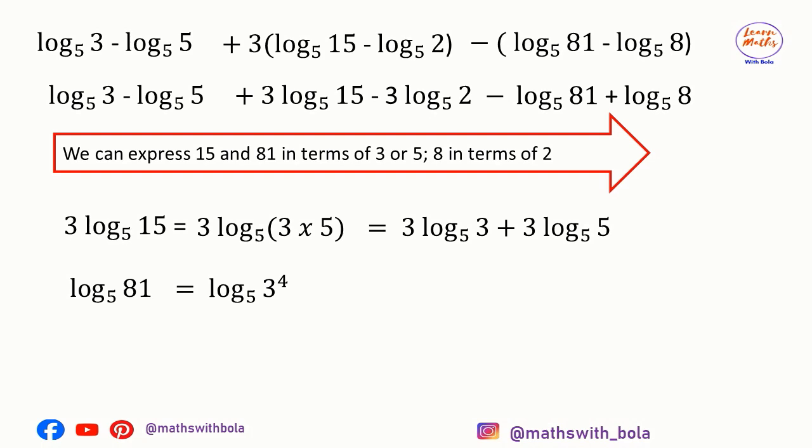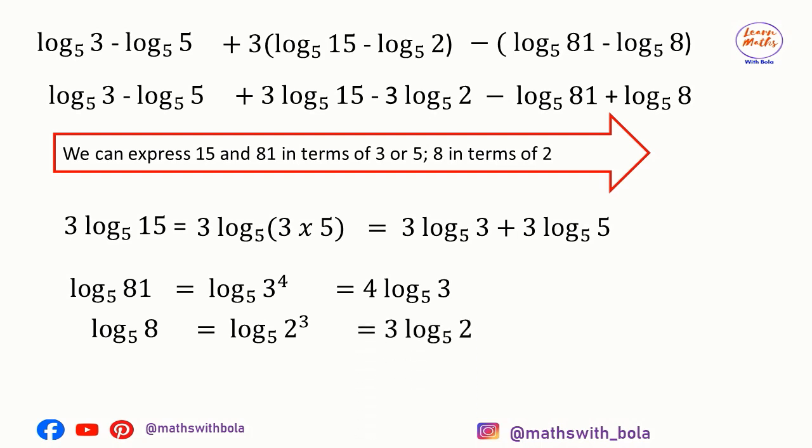So this will give us 4 log 3. Then we have log 8 is equal to log 2 raised to power 3, and that is 3 log 2. So we have expressed them in the lowest term possible.